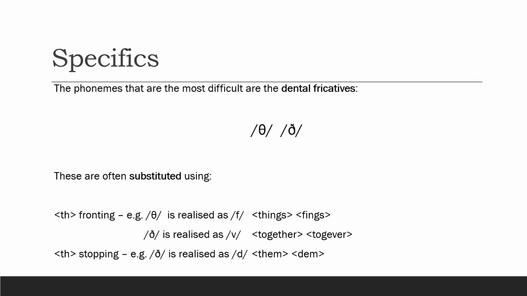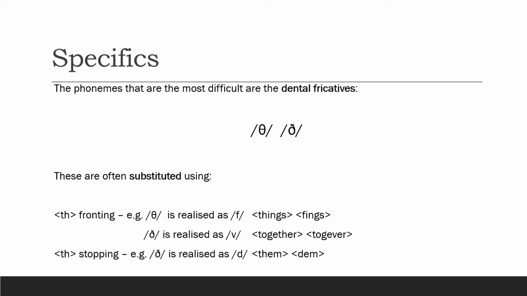Okay, so you can see at the bottom of the screen then, we have something called TH fronting, and that is where the voiceless th of a word is substituted by the f phoneme.